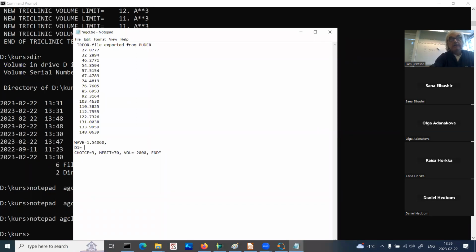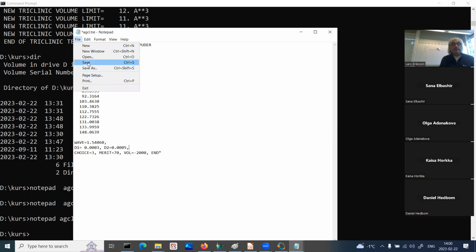The default value is 0.0002, but we can increase that to 0.0003 maybe. And there is a keyword called D2, where the default value is 0.0004, but we can increase that to slightly more. Let's say that these two values are slightly more than default values.